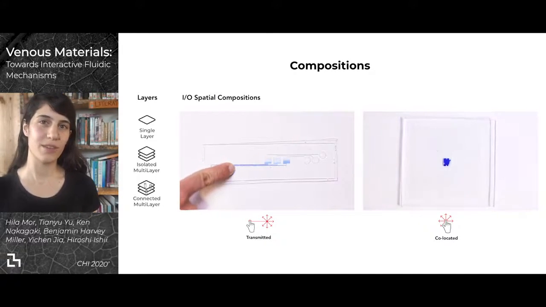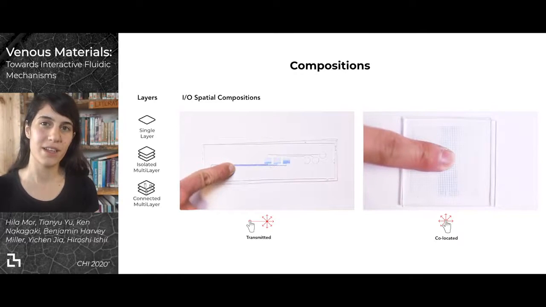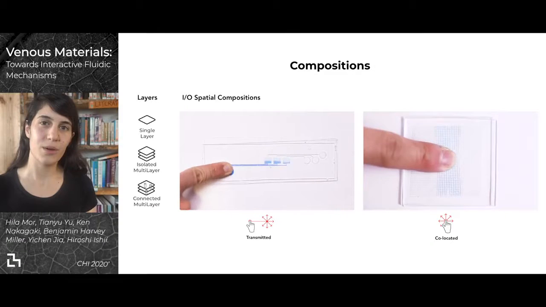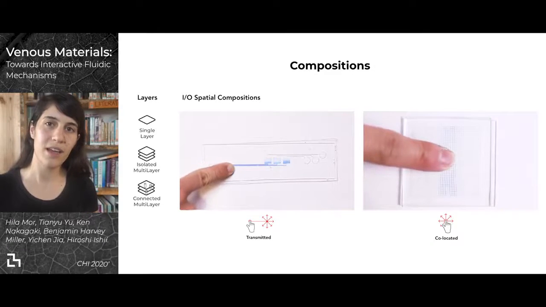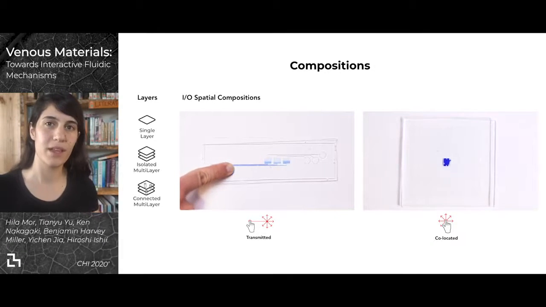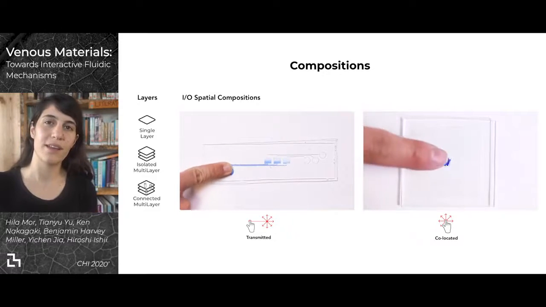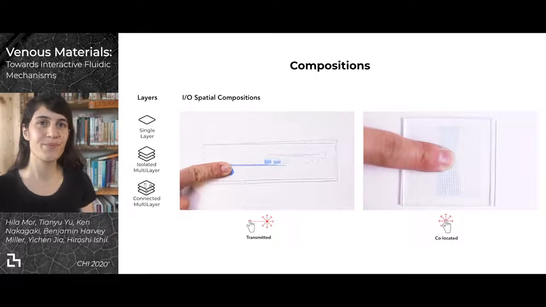We have layer compositions with single layer, multi-layer, isolated, and connected multi-layer, which is 2.5D. And we also have geospatial compositions, where the input and the output are either transmitted over distance or collocated in the same location.